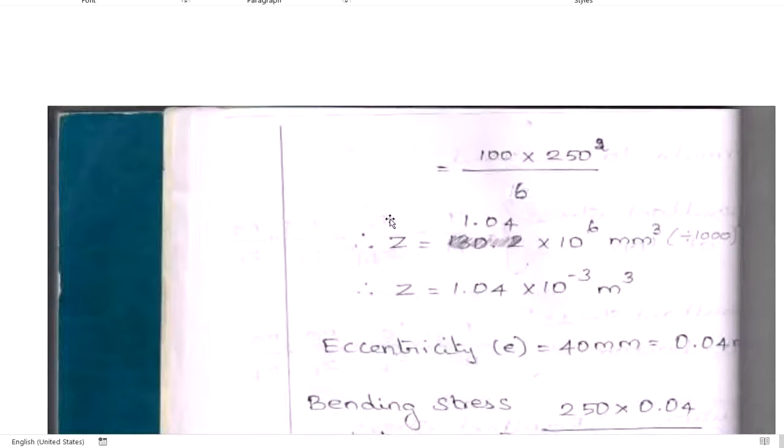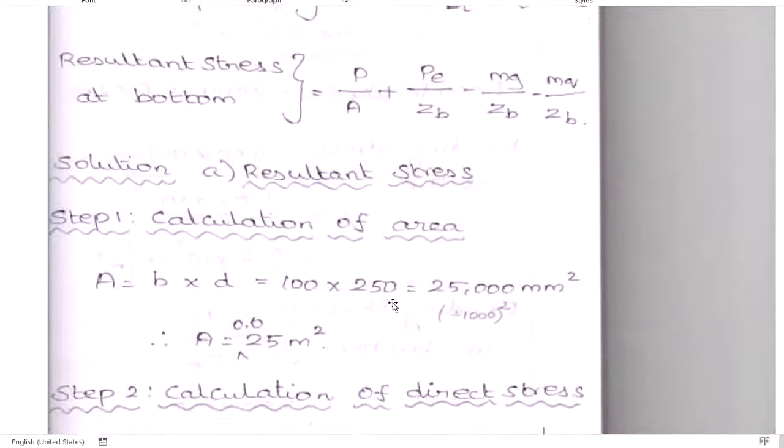Now, bending stresses at the topmost fiber. Here ZT and ZB are both the same, as it is a symmetrical section. Now, what is the formula for bending stresses?